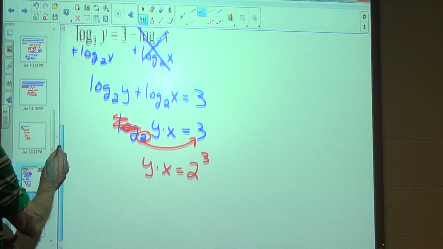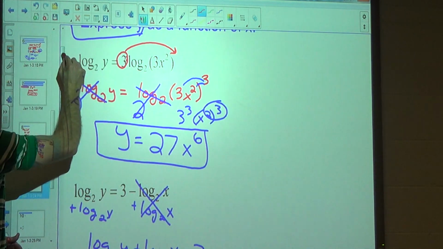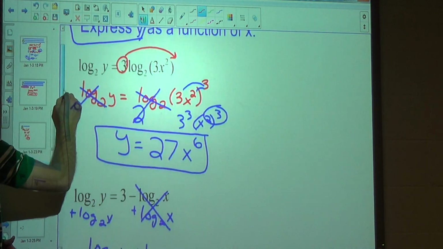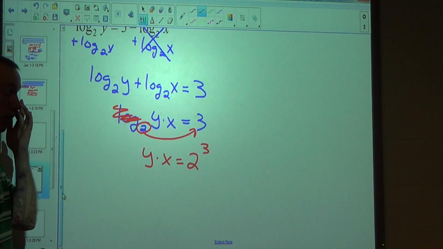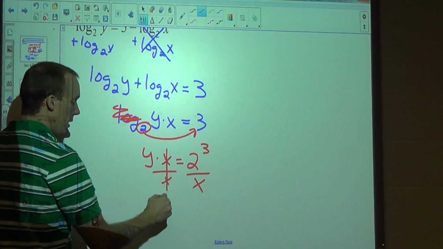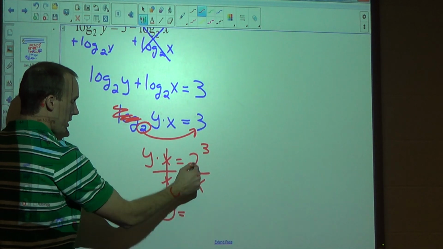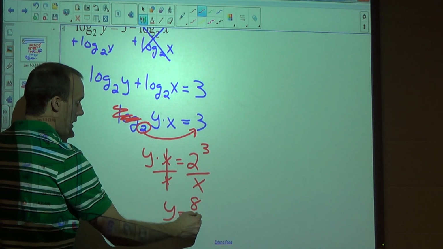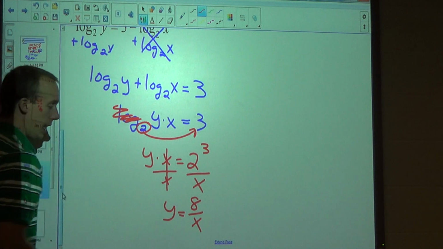And I'm trying to do what here? I'm trying to express y. So I want to get y by itself, divide by x. So then y equals, what's 2 to the third? 8 over x, sorry, yep.